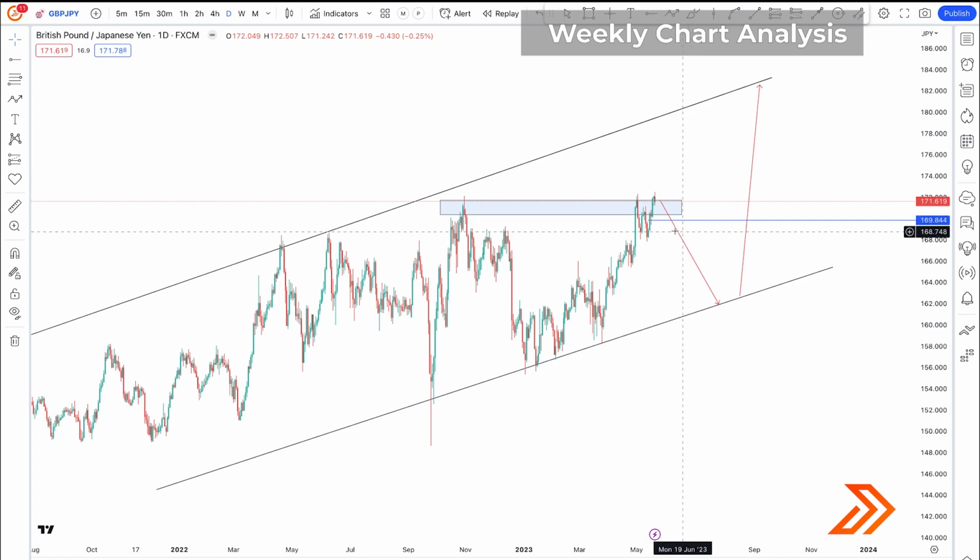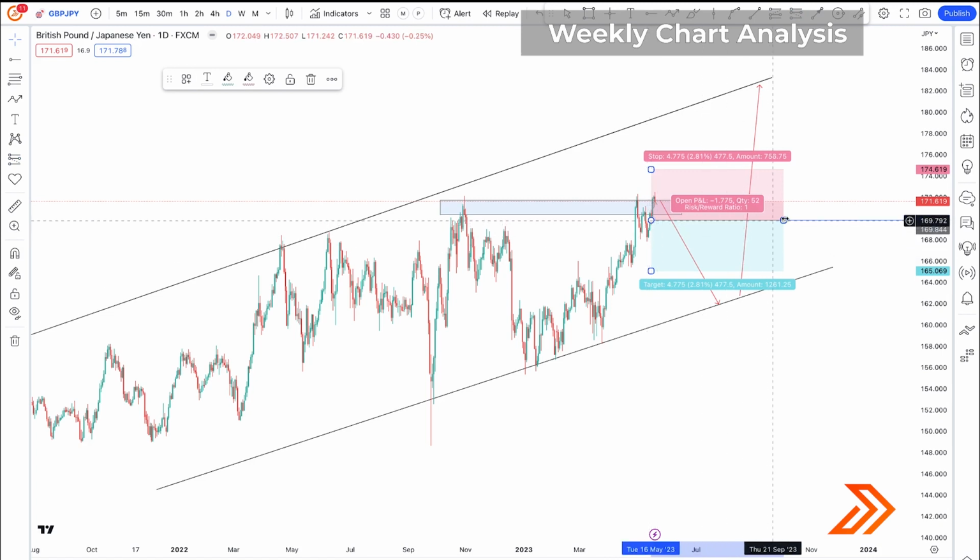All right, so that is what I will be expecting. Though we already have an open position on pounds JPY in the community, we are shorting, right? And I'll be keeping a close eye on this pair from Monday.